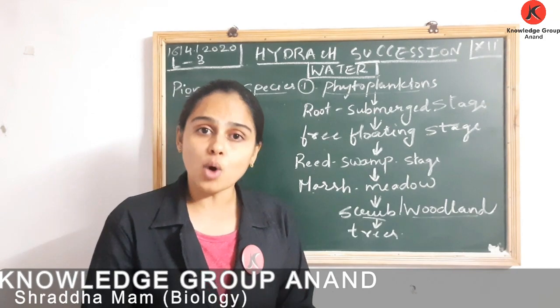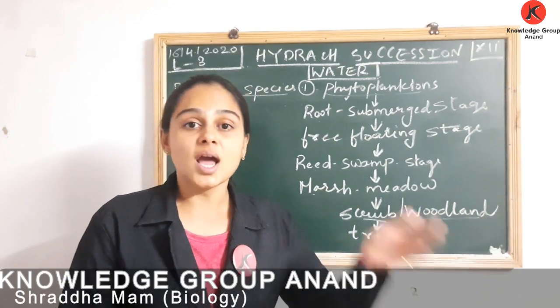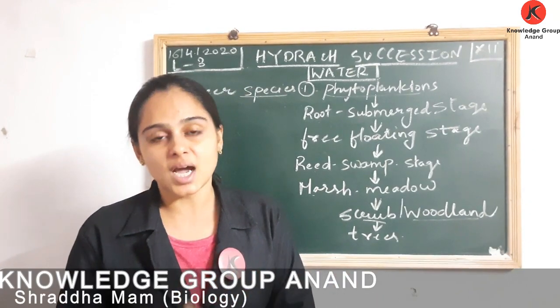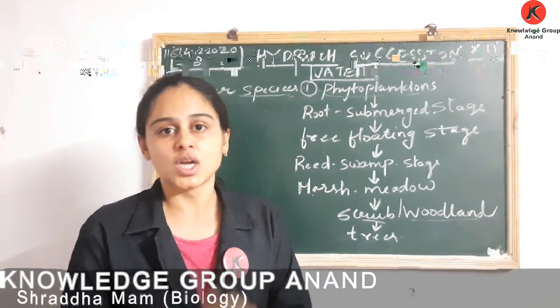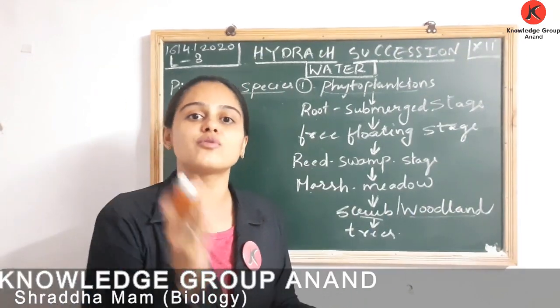Now what happens is planktons die and decompose, and they're mixing with silt. How is silt formed? Silt is formed from surrounding land which comes along with rain.